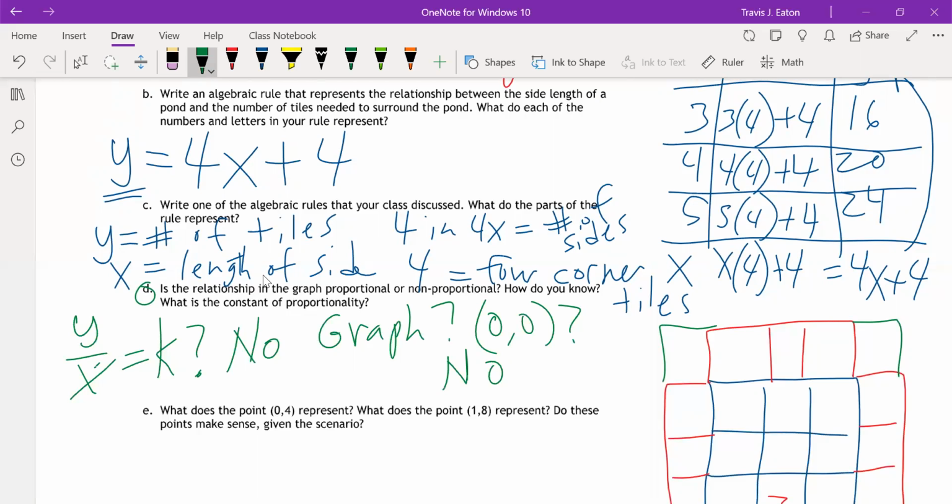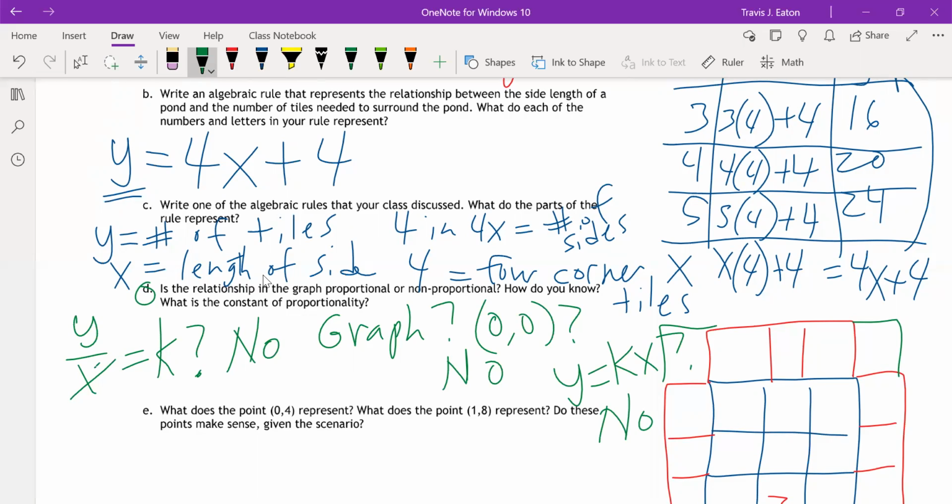In the equation, is it just simply y equals the constant multiplied by the input of x? No. There's those 4 corners that get added. So it's not proportional.